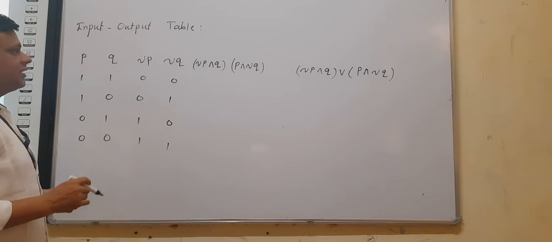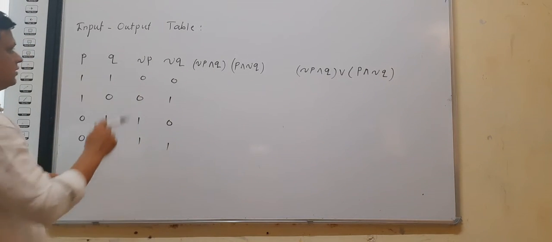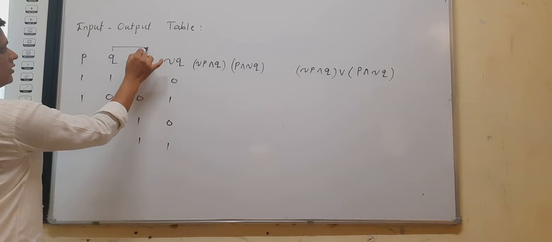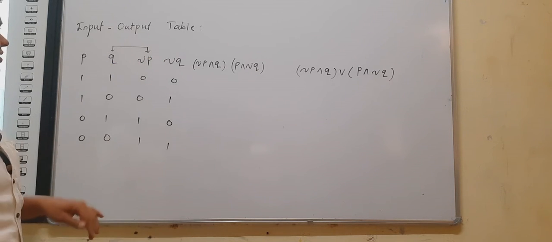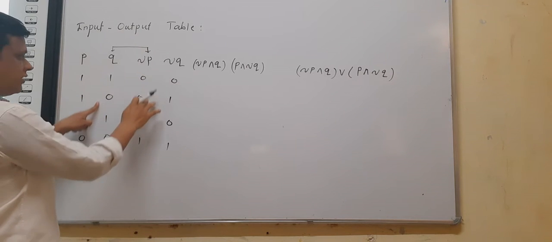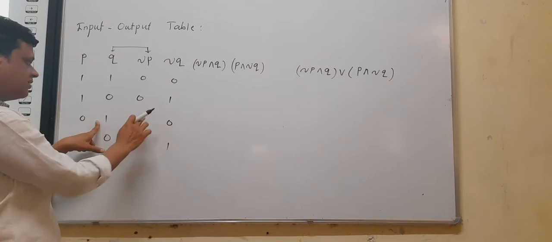Now apply the rule for conjunction. Negation P and Q. Here we have to apply the rule for series combination, that is, for conjunction. In conjunction, if both switches are closed, then only the output is 1, otherwise 0.